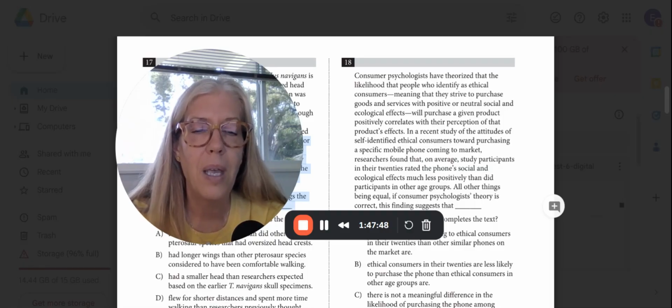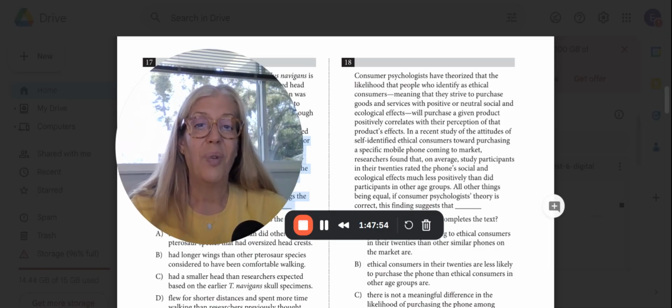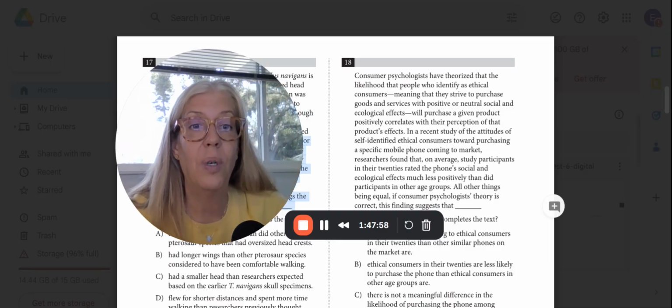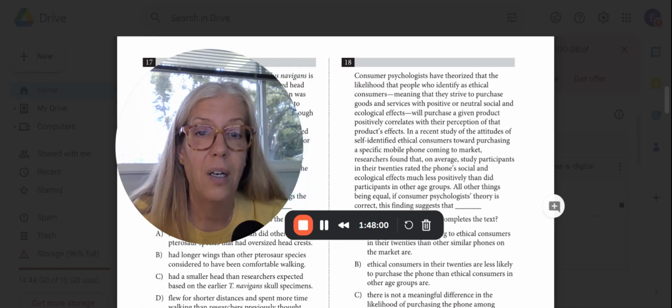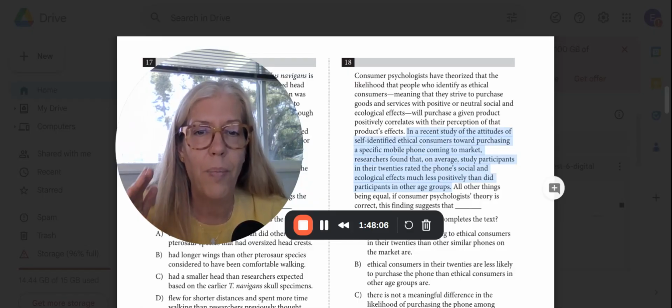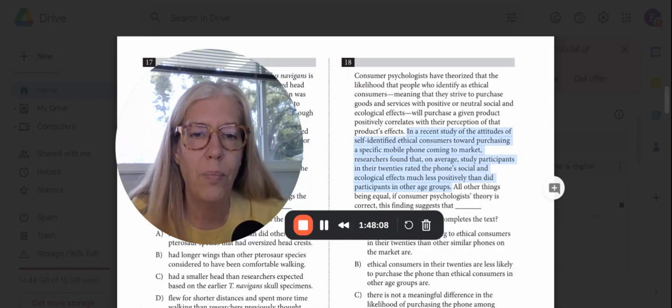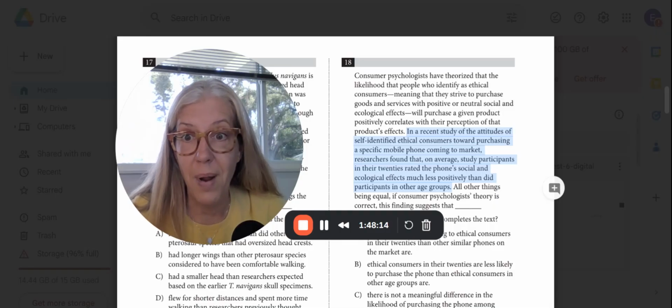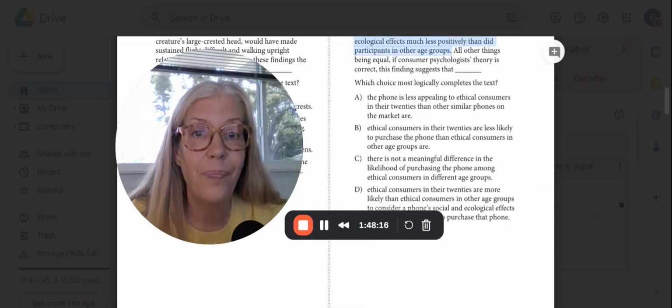Among other things being equal, if consumer psychologist theory is correct, this finding suggests that, I think, people in their 20s, because we found the shift in a recent study, rated the things much less positively than did participants in other age groups. So people in their 20s are not ethical consumers. I'm not saying that. This guy's saying that.